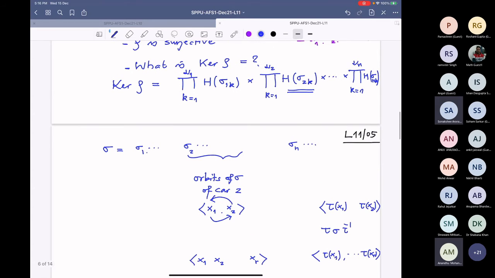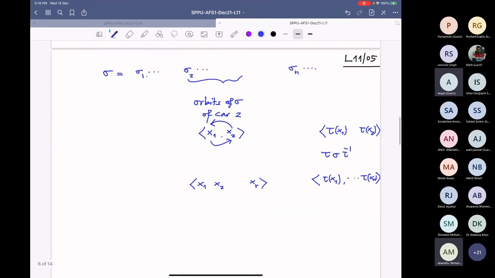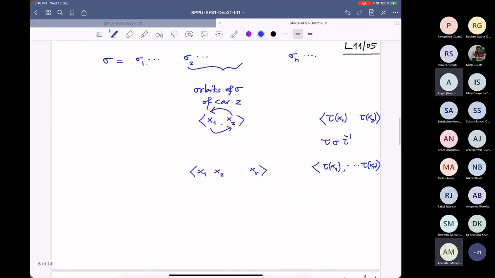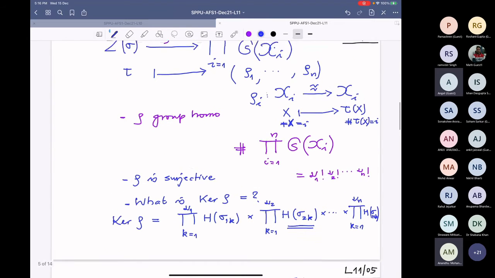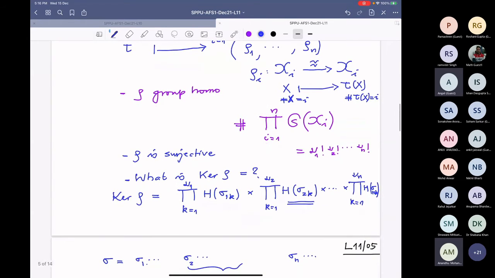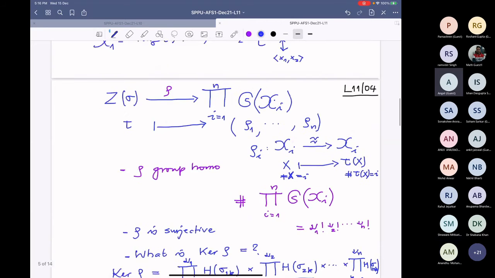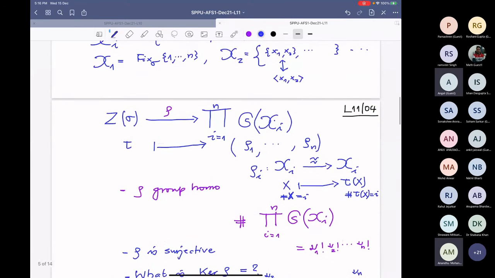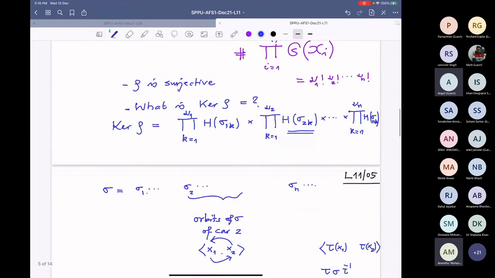Right? So therefore it shuffles. The orbits got shuffled to some other orbit. But within that capital X I said. So therefore I said a permutation. So this gave me a permutation. This rho map gives a permutation on these orbits, capital X's. And now what is the kernel I'm saying?